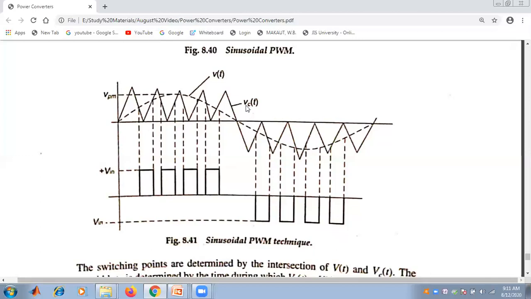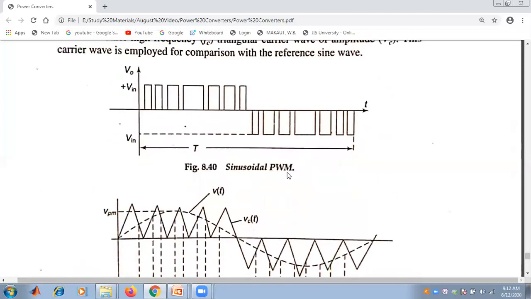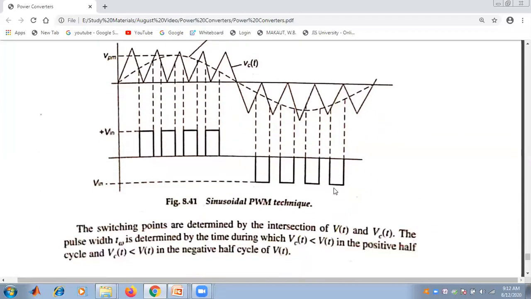One is the triangular carrier wave with amplitude Vc and higher frequency Fc, and the other is the sinusoidal waveform with peak amplitude Vpm and frequency Fpm, which is the desired output frequency of the inverter. Now, how are we getting the sinusoidal output here?